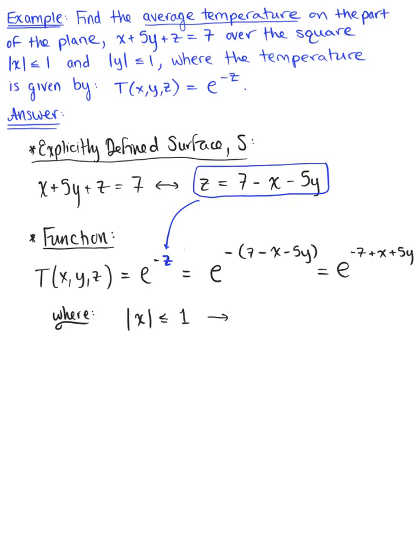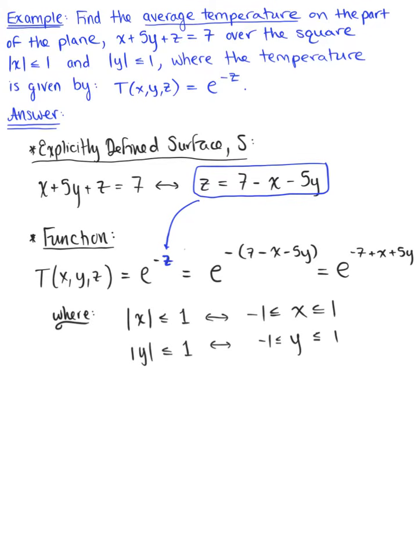We, of course, know that that is equivalent to saying that x is greater than or equal to negative 1, less than or equal to positive 1, and the absolute value of y being less than or equal to 1 is equivalent to saying that y is greater than or equal to negative 1, less than or equal to positive 1.